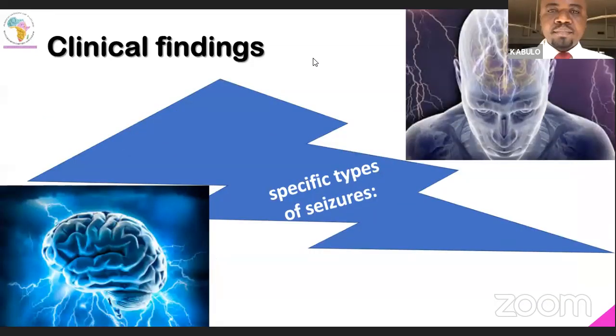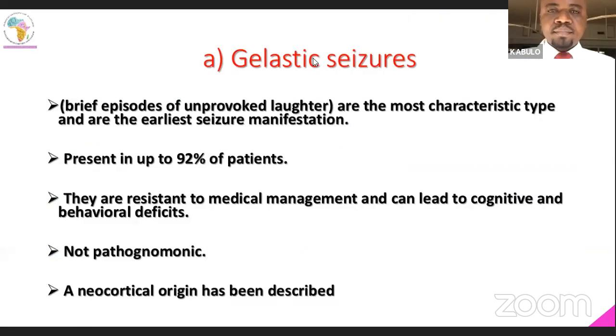So in terms of clinical findings, there are many things. There are specific types of seizures you can get in these hypothalamic hematomas. The type of seizures is what is called gelastic seizures, which is a brief episode of unprovoked laughter.